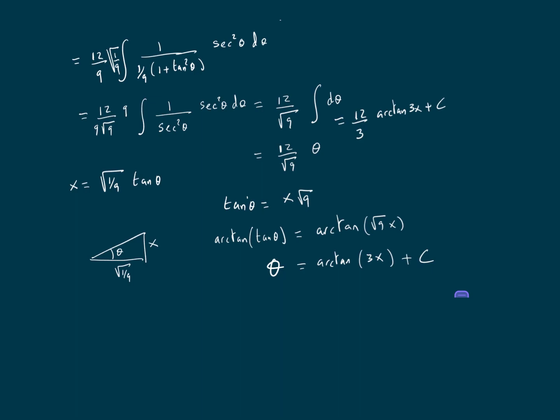So what is theta? It's 12 divided by the square root of 9 times theta, in other words 12 divided by the square root of 9 times the arctangent of 3x plus c, or 12 divided by 3, which is 4 times the arctangent of 3x.